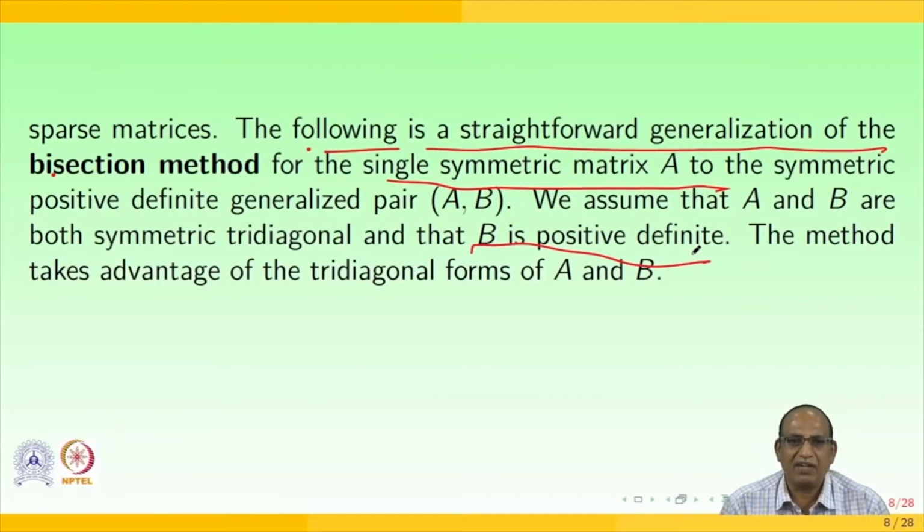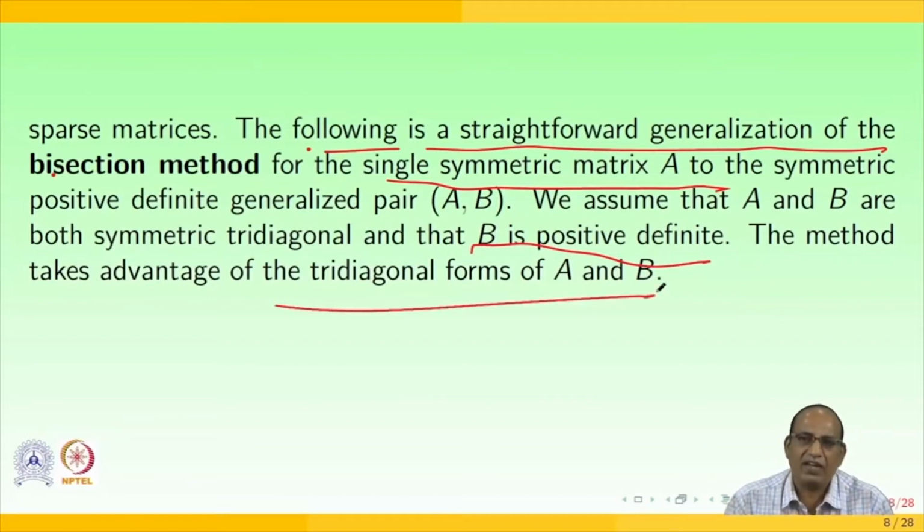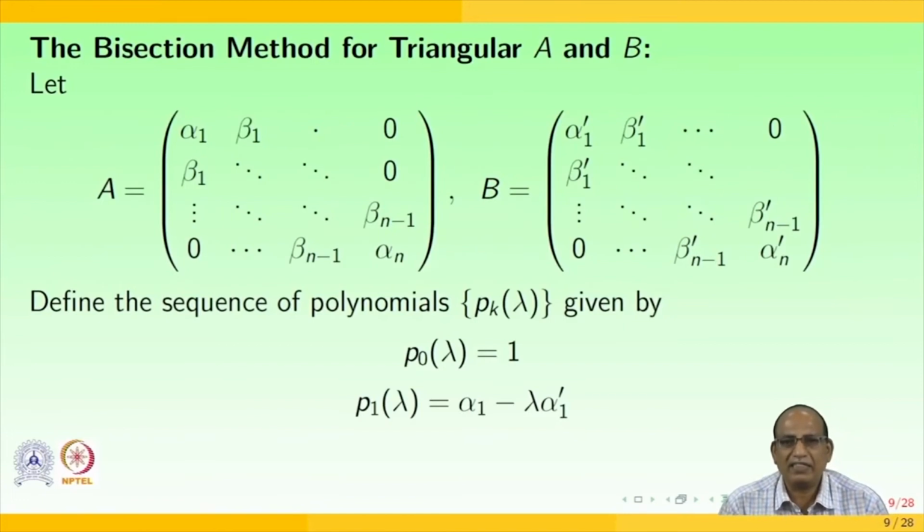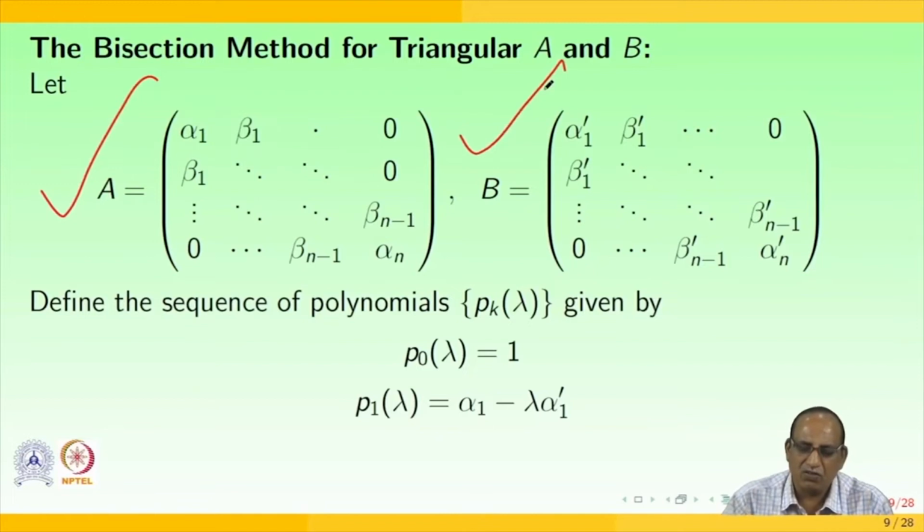The method takes advantage of the tridiagonal form of A and B. So the bisection method for tridiagonal matrices A and B. Let's say A is the matrix with diagonal entries alpha 1 up to alpha n and off-diagonal entries beta 1 up to beta n minus 1, and B is the matrix with diagonal entries alpha 1 prime up to alpha n prime and off-diagonal entries beta 1 prime up to beta n minus 1 prime.